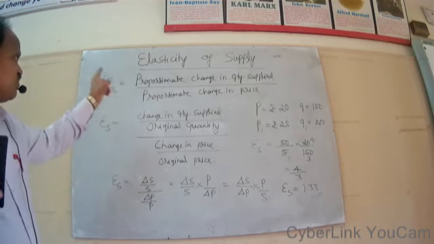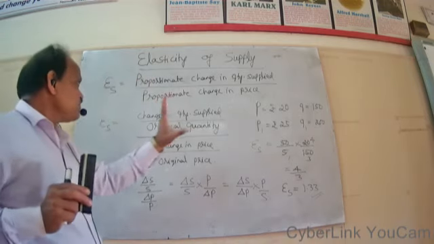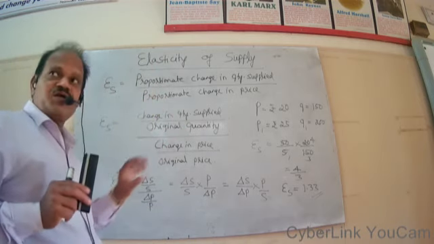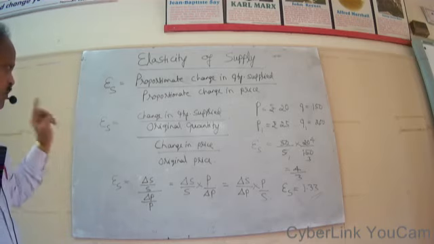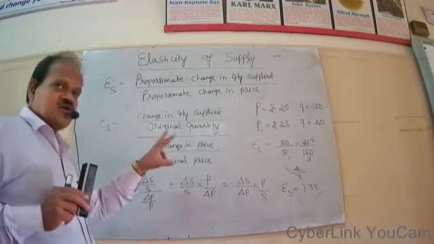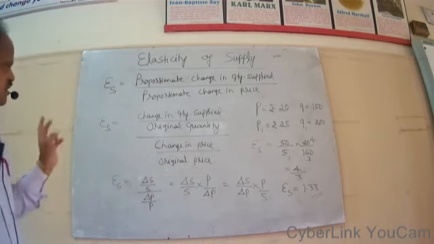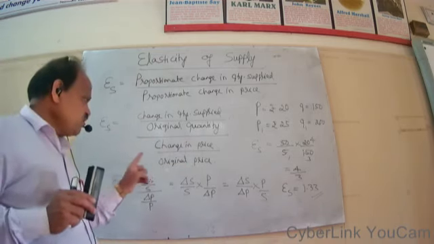So here I am using proportionate change in quantity supplied divided by proportionate change in price. This ratio can further be expanded like this. ES is equal to change in quantity supplied divided by original quantity of supply. This whole is divided by change in price divided by original price.